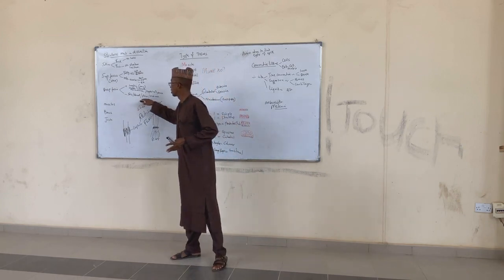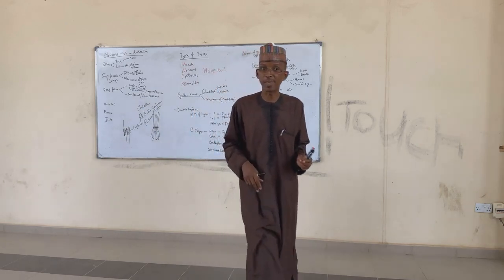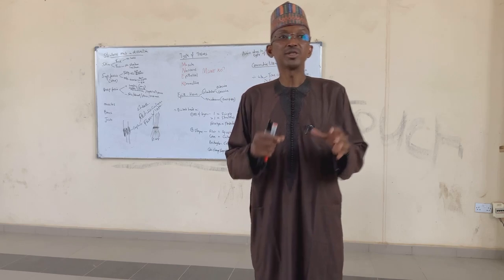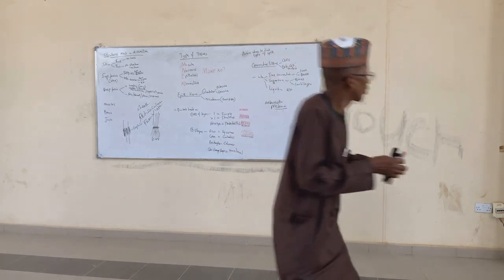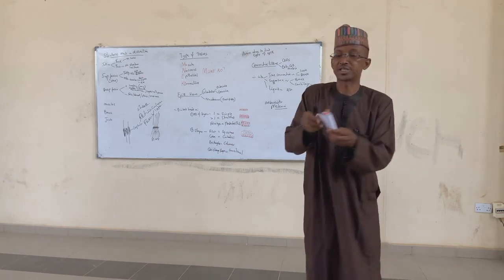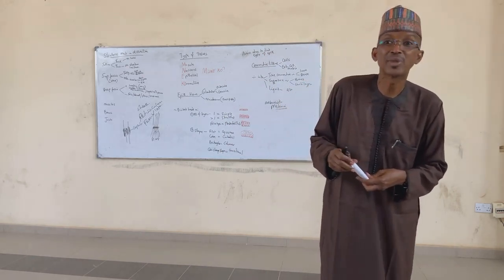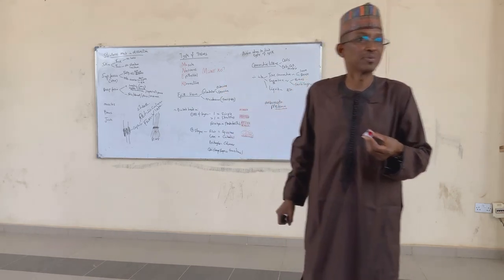There are places in the human body where we have absence of deep fascia. Somewhere like in the penis, because the deep fascia is very strong. If it encloses a structure like this, because it is very strong, it's not elastic. If the penis wants to expand, it cannot expand.